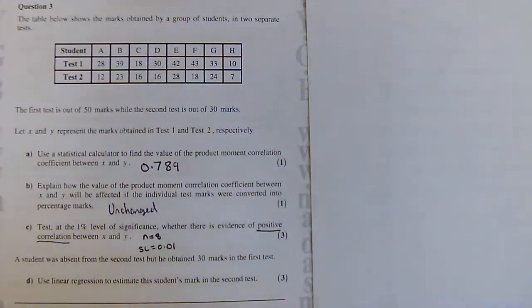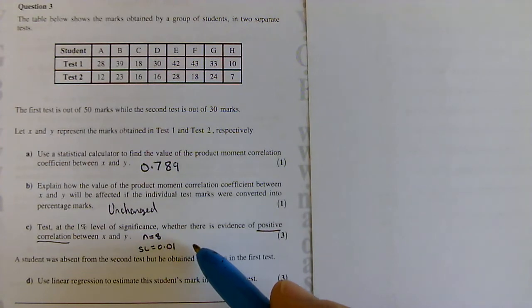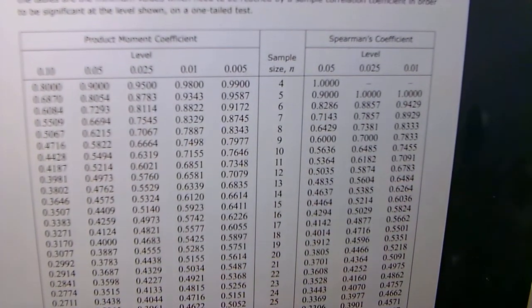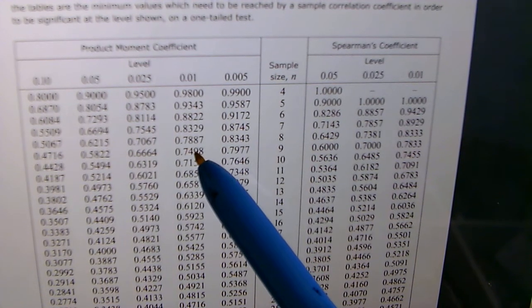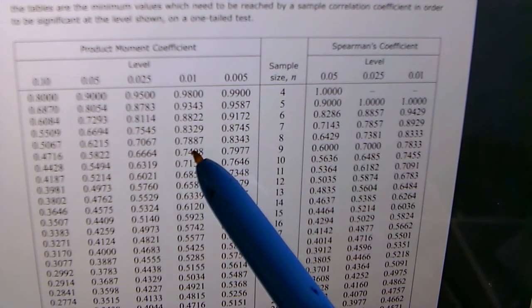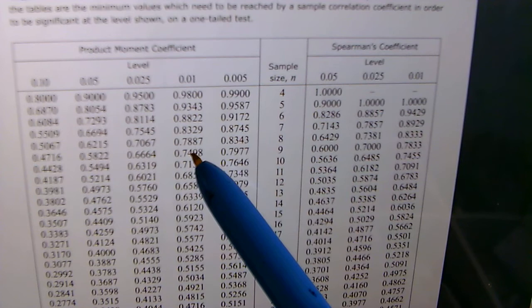We know it's a one-tailed test. So let's have a look at our critical values for n equals 8 and 0.01. So here's my table of critical values. I've got n equals 8. I'm looking at 0.01. It gives me a critical value of 0.7887.